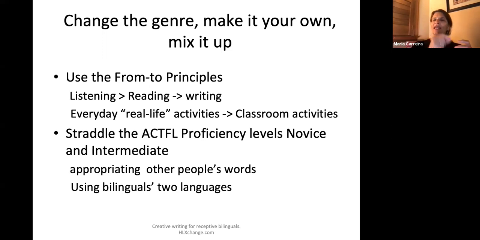That is, they provide a bridge between the novice level, where students basically use other people's language and formulaic speech. They provide a bridge to the intermediate level, where students start to produce with language, to create with language.